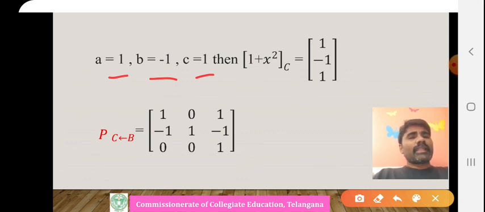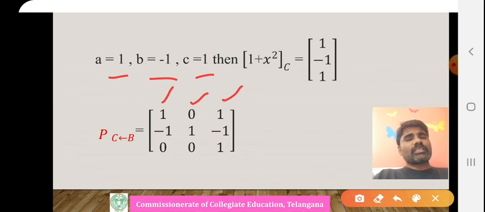Therefore the coordinate change matrix from B to C is given by the coordinates of 1 with respect to C, the coordinates of x with respect to C, and the coordinates of 1 plus x square with respect to C. That is the matrix with columns (1, minus 1, 0), (0, 1, 0), and (1, minus 1, 1). This is the coordinate change matrix from B to C.